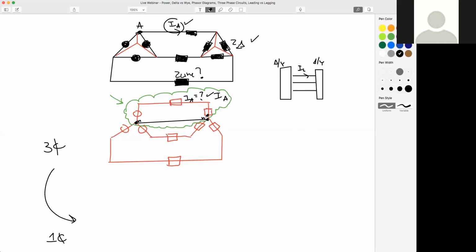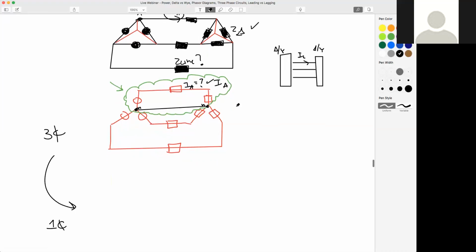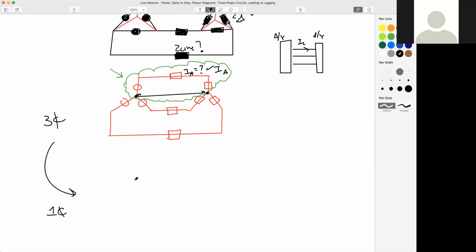Okay, good. So we need to find two things, don't we? Who can help me? What are the two things we need to find? Find the source phase voltage and the load phase impedance. Fantastic.